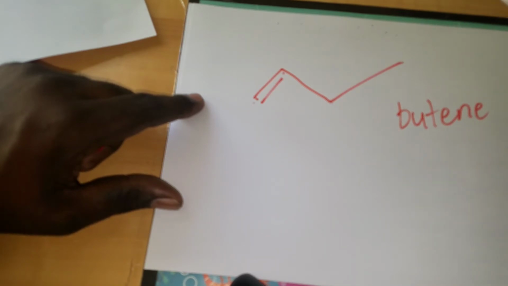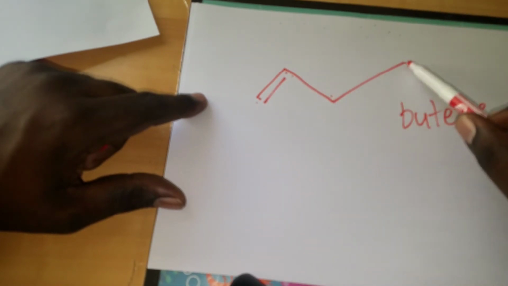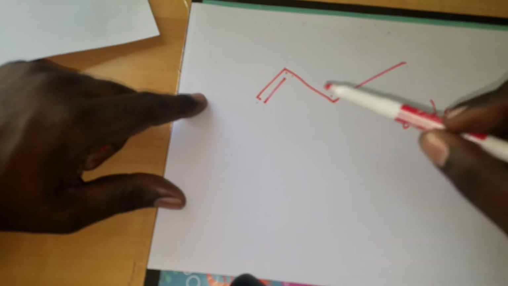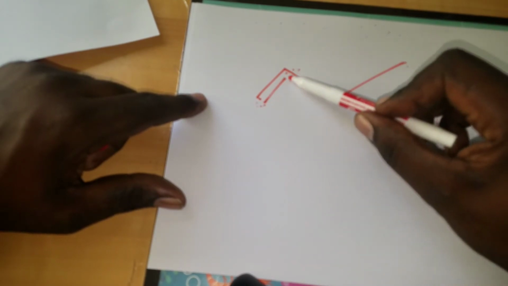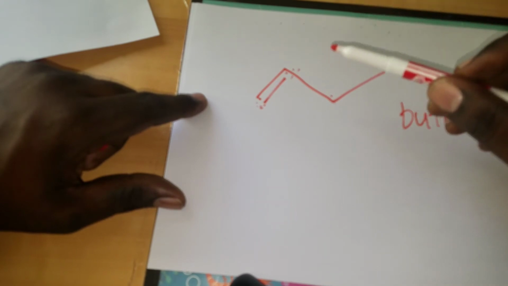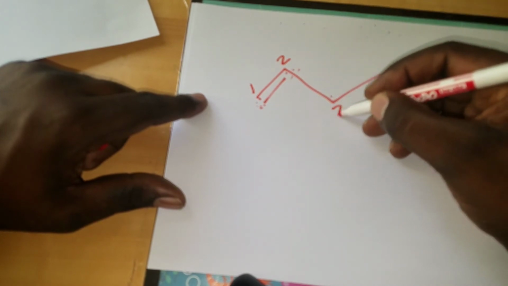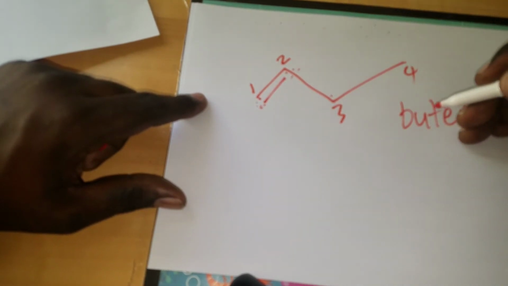If I number my chain from left to right, 1, 2, 3, 4, then the double bond is between carbon number 1 and carbon number 2. And so as a result of that, we're going to number our carbon chain from left to right. 1, 2, 3, 4. There you go.